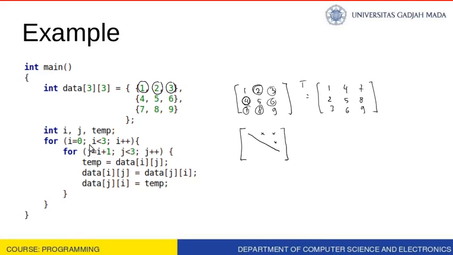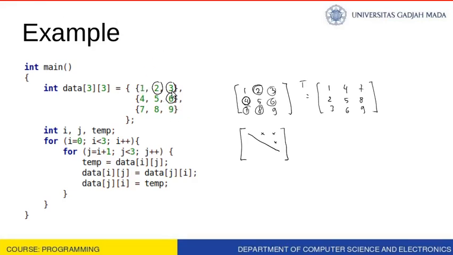When I am in the second row, so my index will be 1. 1 plus 1, it will be 2. So I will swap this. So I think I will erase this.